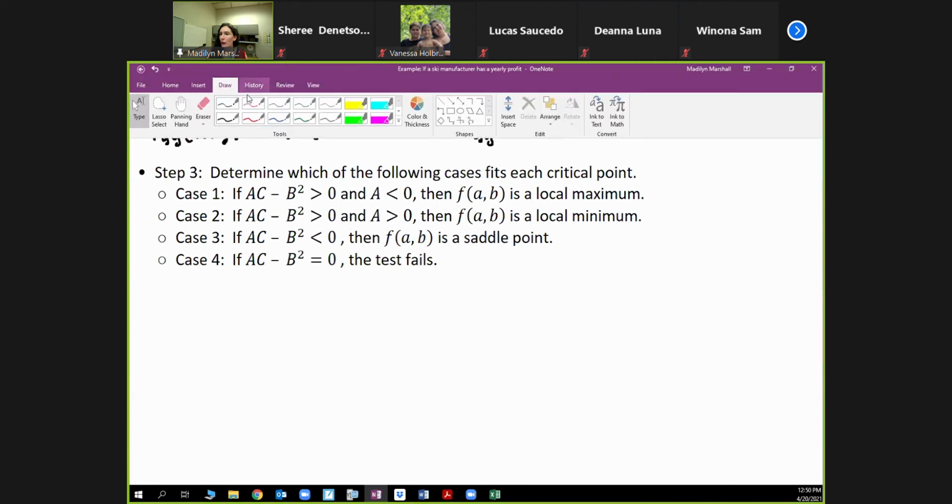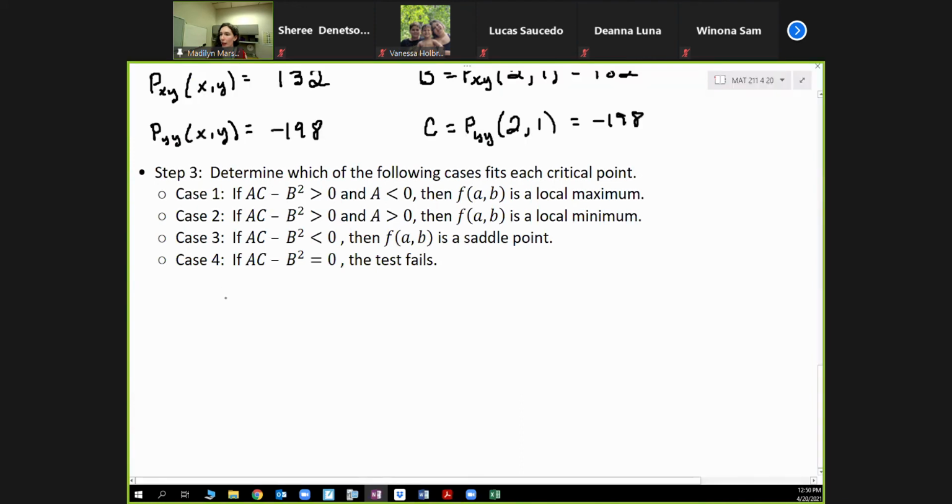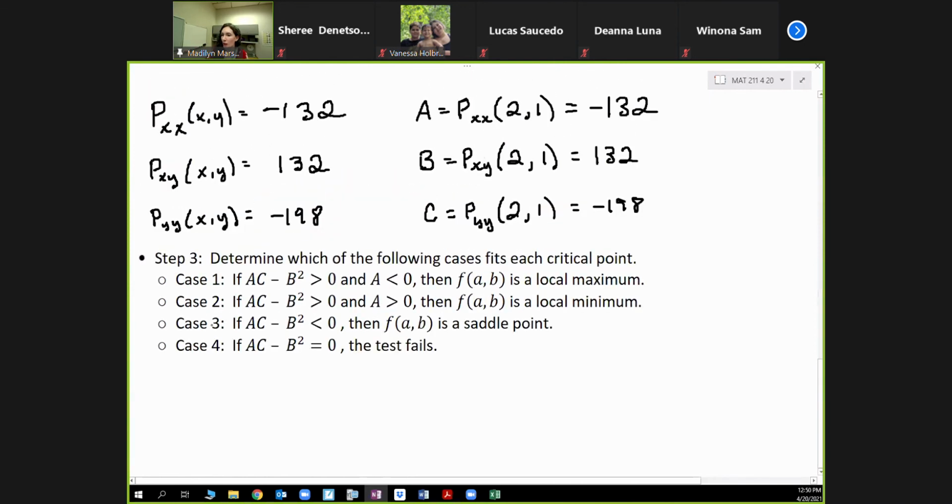So on your own, look at A, B, and C, which I'm going to write down here again, and determine which case is correct. And I'll put up a poll in just a minute for you to choose which case you found.